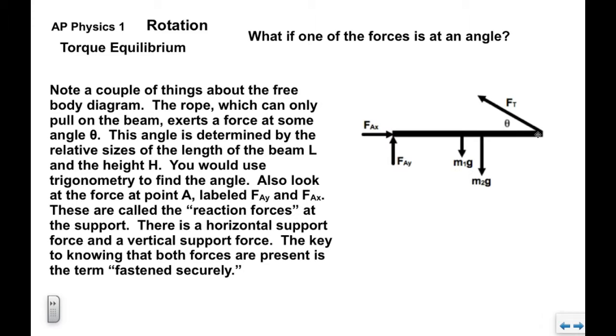So these are what we might call reaction forces at the support. Again, there's a horizontal and a vertical. The key to knowing that they're both present is that the edge of the post is fastened securely to the wall. So it's held there both vertically and horizontally.